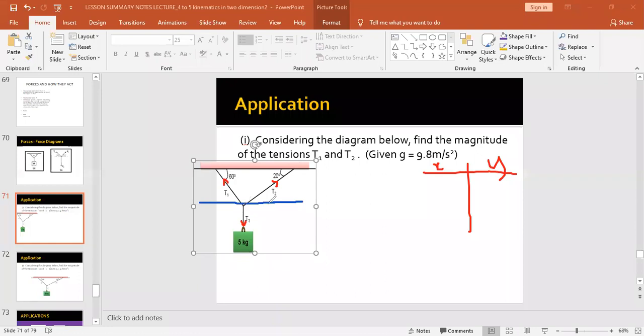Which means alternatively we can be moving to the right and then to the top here. For the first vector, this will be T2. Then the angle here, because we have a Z angle, this is a Z angle here, so this angle will be what? 20 degrees. The same way this will also be a Z angle, so the angle here will also be what? 60 degrees. So we take note of that.